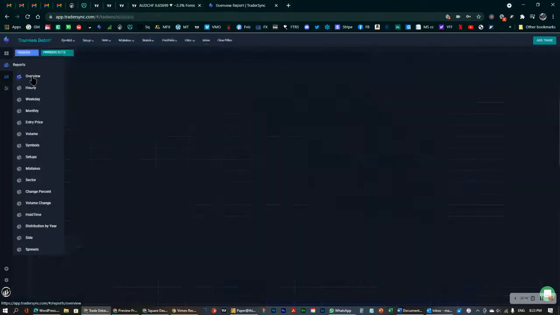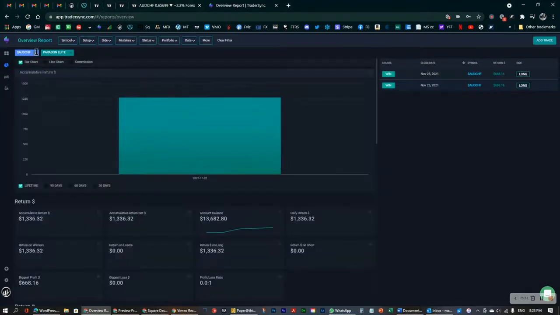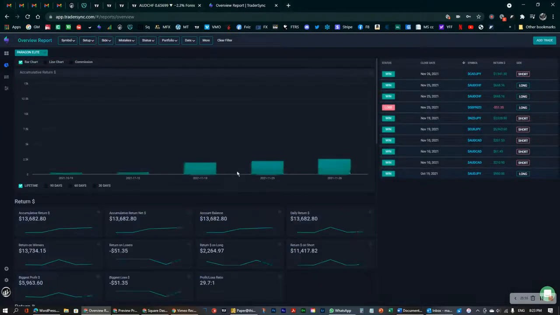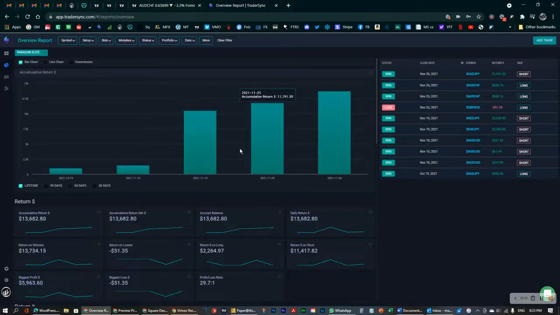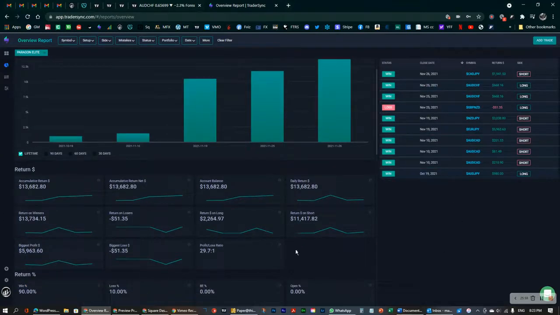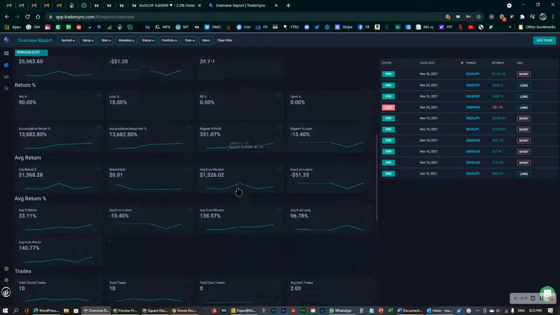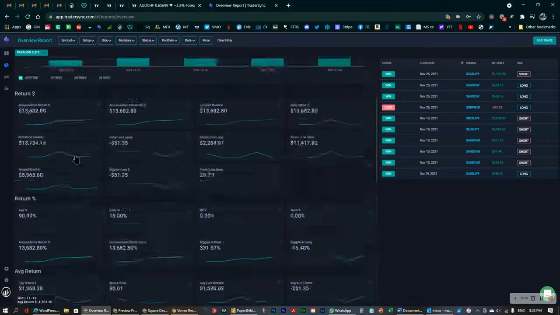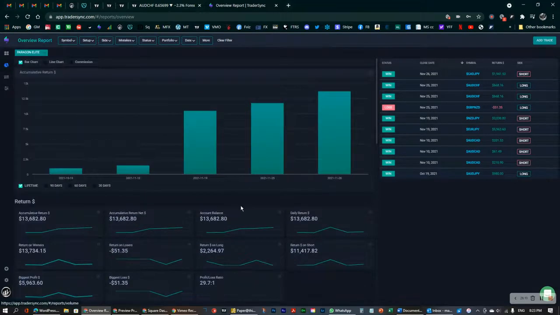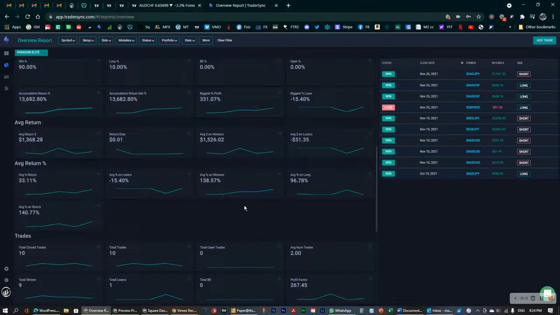Anyway, has a lot of great information in here, by the way. So if you have your whole simulator journal and it's starting to fill out very nicely, you'll get some pretty consistent win percentage. You'll get your profit factor, which is a huge number to have. Your reward to risk, which they call gain to pain.